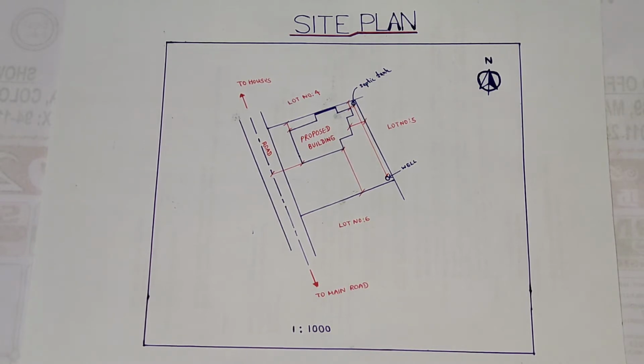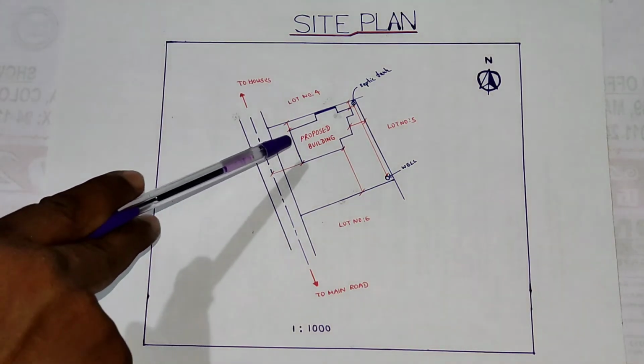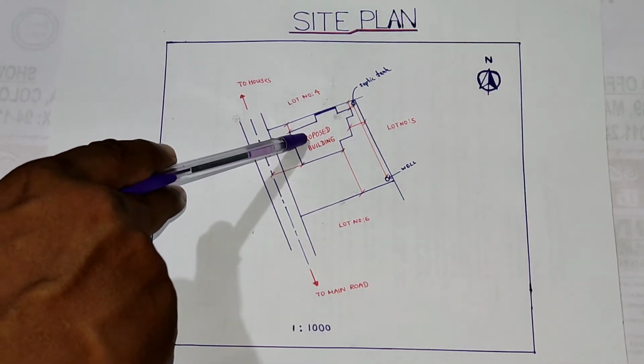In this particular site plan, you can see the proposed building. That means the proposed building will be shown in this site plan. Okay, now as you can see, this is that proposed building.